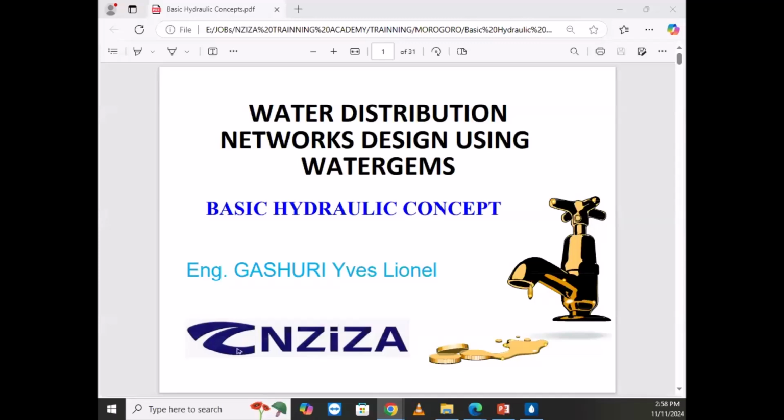infrastructures. Good. After visiting those main infrastructures, you return to the office. Now you start feasibility. By visiting those main infrastructures, you took the location, the elevation of them. The elevation of the source, the tank, the main.